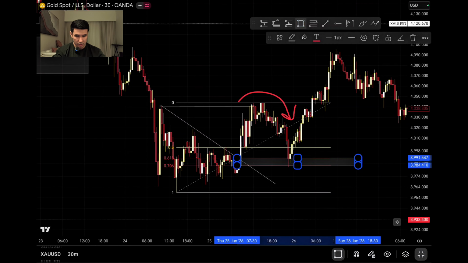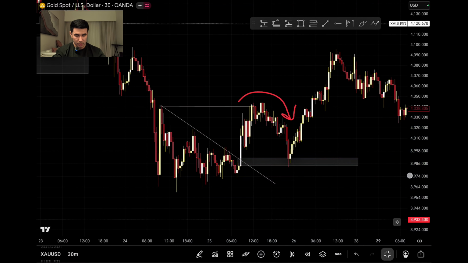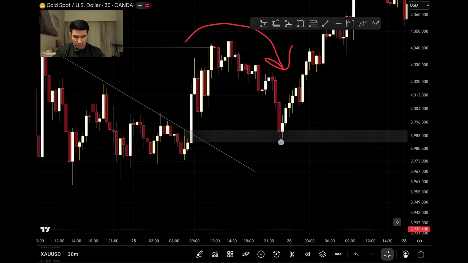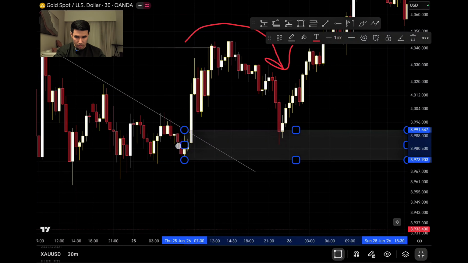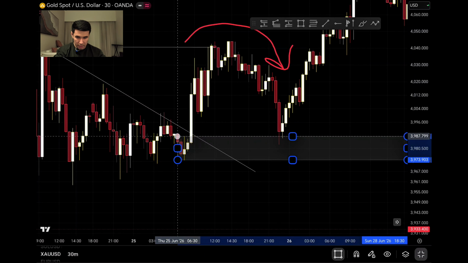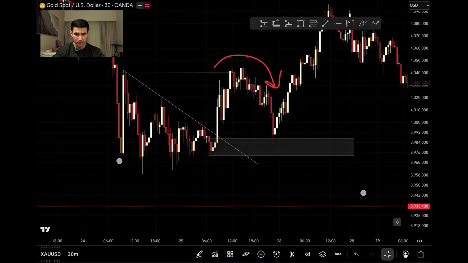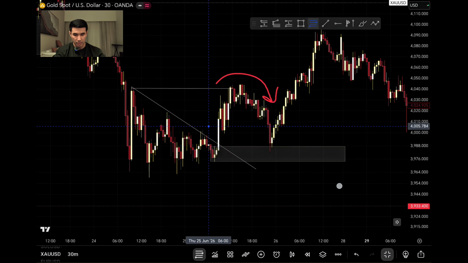this place, and here you can see the order block. Yes, it's not exactly the place of the Fibonacci golden zone, but you can see there is an order block before the high push up.